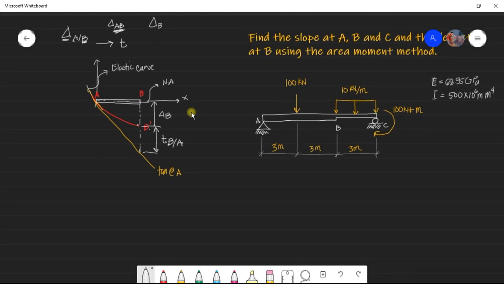Now, we have a sign convention for deviations. Okay, so the deviation, let's say this will be your tangent line. This is your elastic curve. And you draw a tangent line to this point. Okay, and this is your deviation.